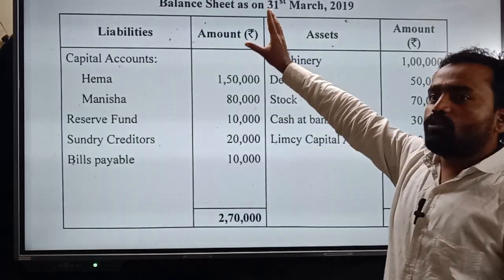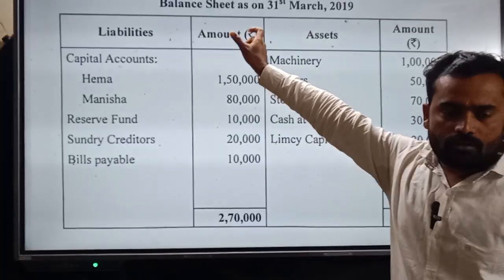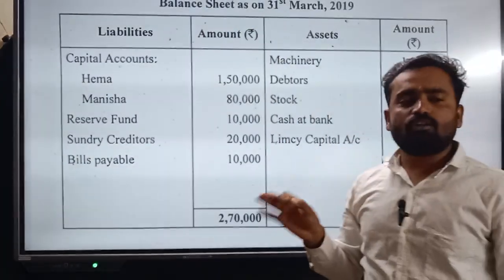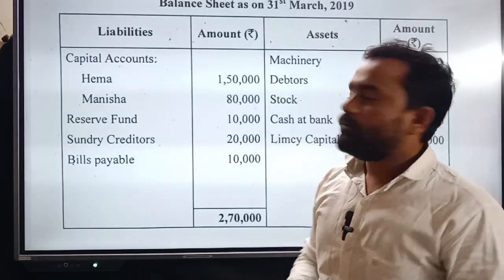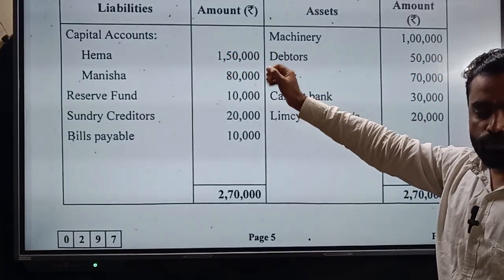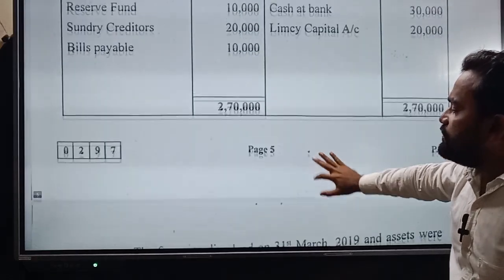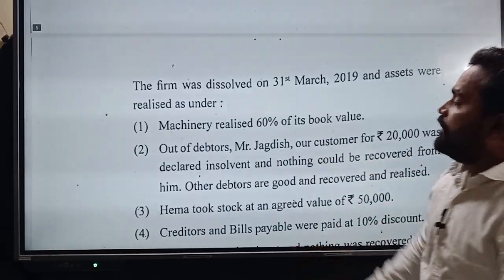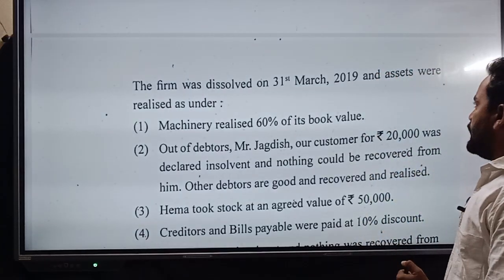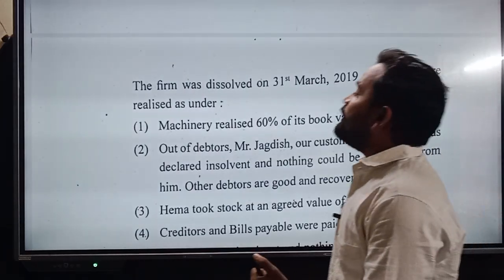The balance sheet is not an account, it is a statement. We can say the balance sheet is a mirror of the business. We can see assets and liabilities in this balance sheet. Understand? Next, the firm was dissolved on 31st March 2019 and assets were realized as under.